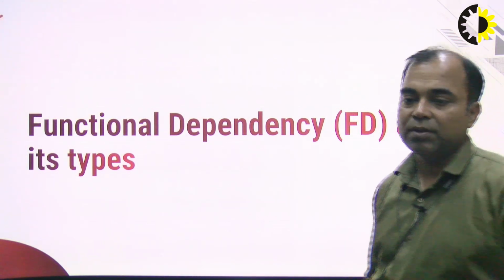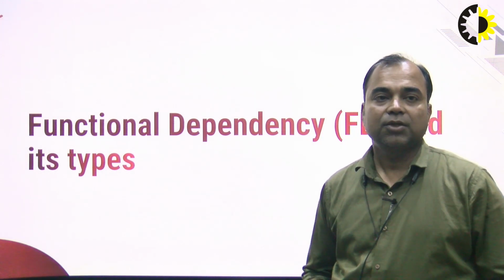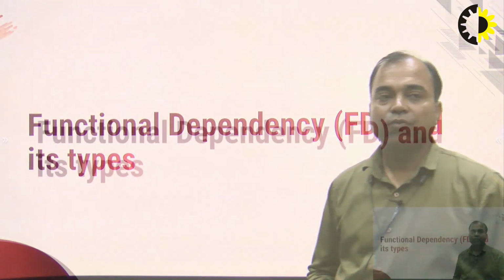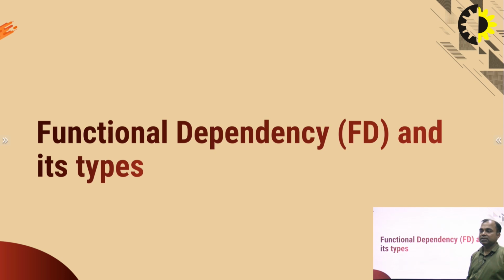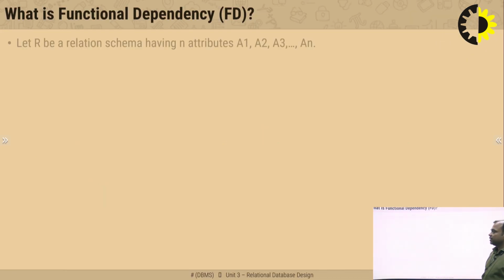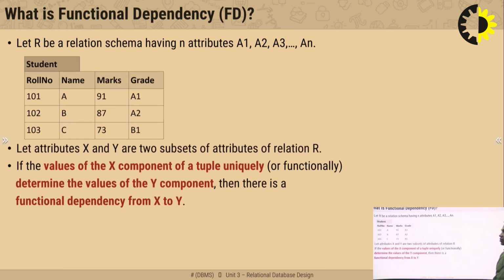To study normalization, first we need to know what functional dependency is. This is a related topic of normalization. So what is functional dependency? Suppose we have a relation schema R having attributes A1, A2, A3, ... AN.